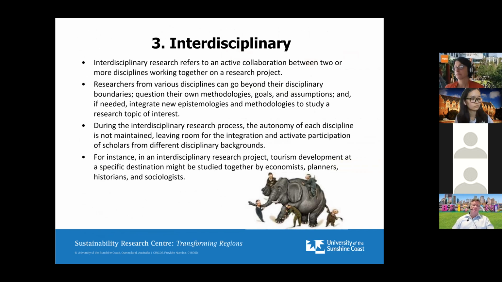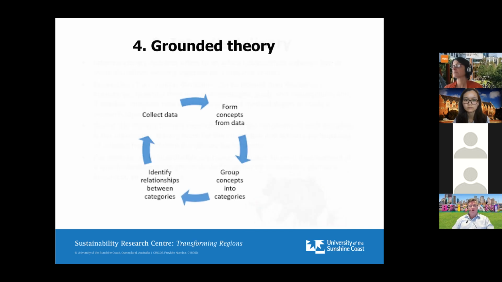Interdisciplinarity is the idea that we can develop our own theory based on two or three different disciplines coming together. And I don't think that the idea of developing tourism theory is correct. It's not the best way of going. Grounded theory.